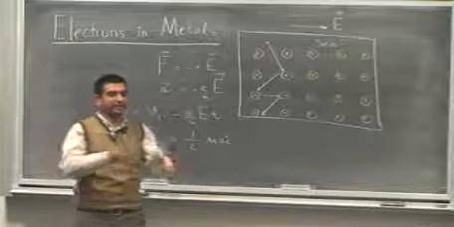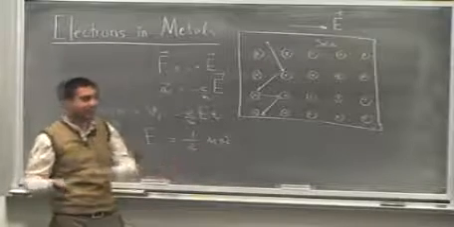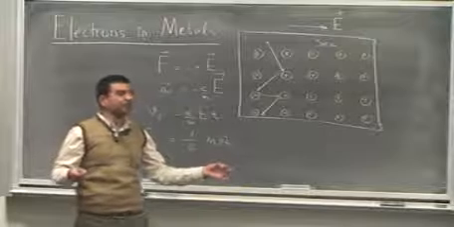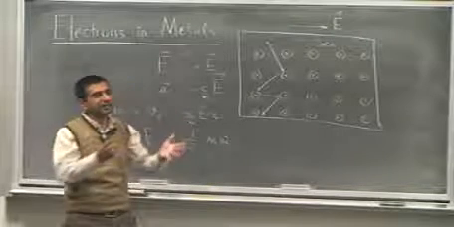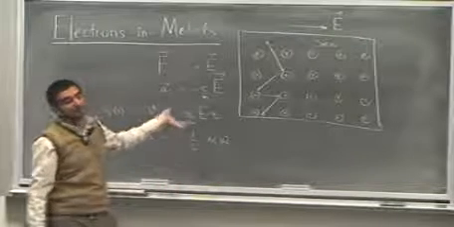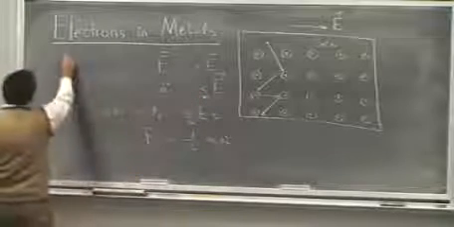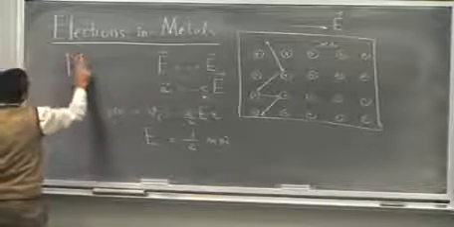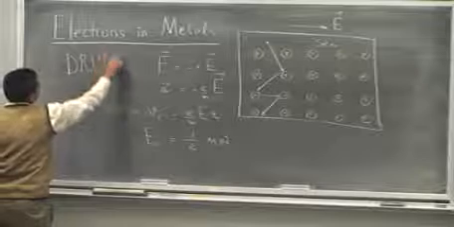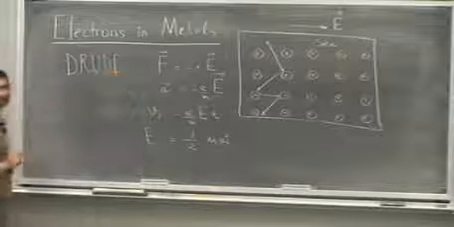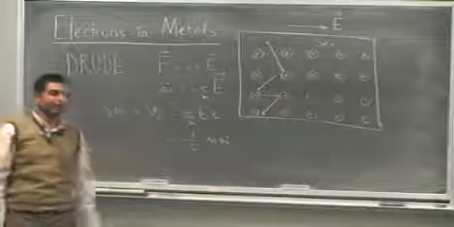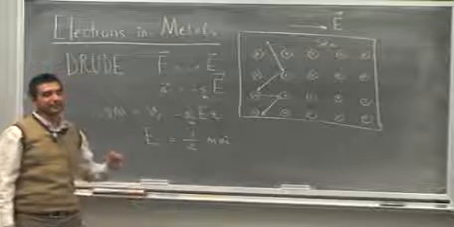Okay, take a copper wire, a jumper wire, you put a battery around it, a current starts flowing through the wire, and this is the classical picture that comes to our mind, and this was the picture that existed in the 19th century. This model is called the Drude model. Drude was the name of the scientist. Drude's model. There's nothing quantum about it, but there are certain problems with this model.